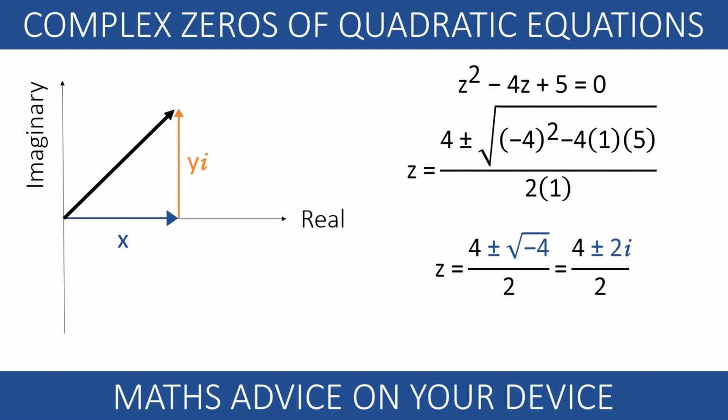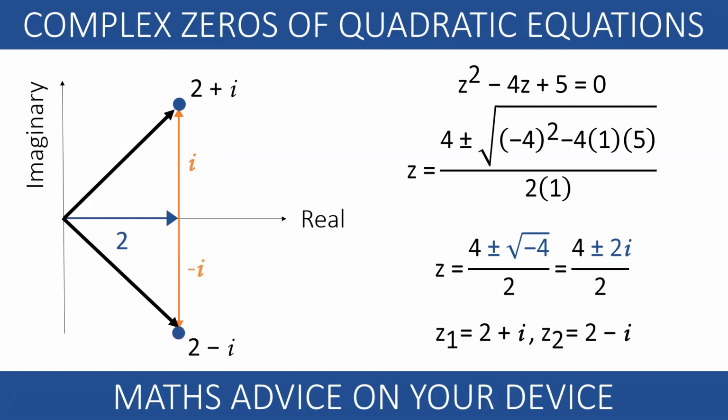This has two complex roots, plus and minus 2i. Dividing both the real and the imaginary part by 2, we obtain 2 plus minus i. Our two solutions are equally far away from the origin again, and their imaginary parts are the opposite of each other. Mathematicians call these complex conjugates.